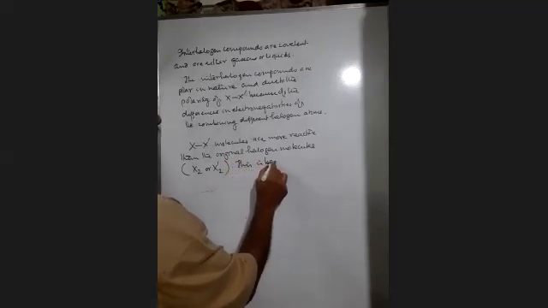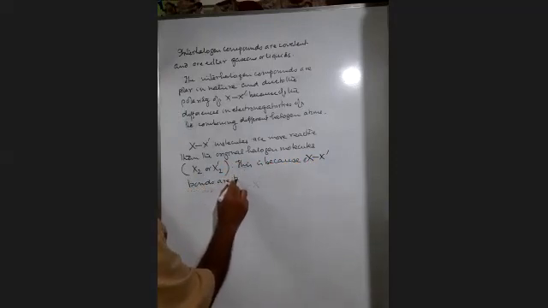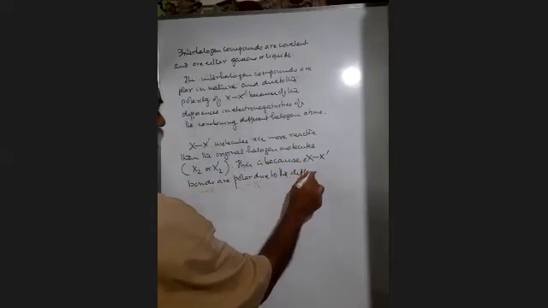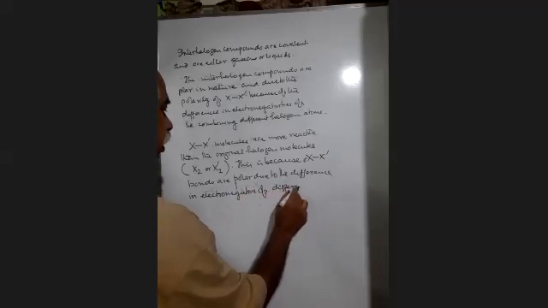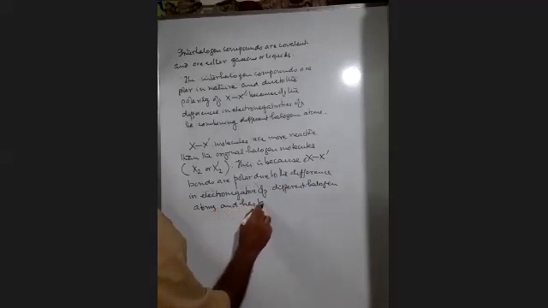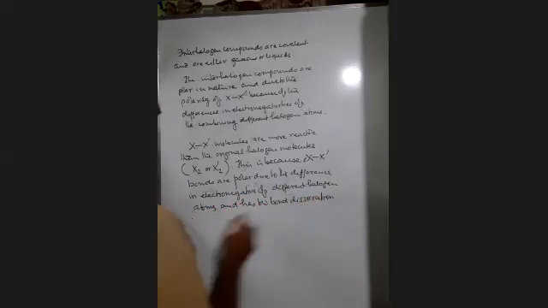This is because XX prime bonds are polar due to the difference in electronegativities of different halogen atoms and have low bond dissociation enthalpy.